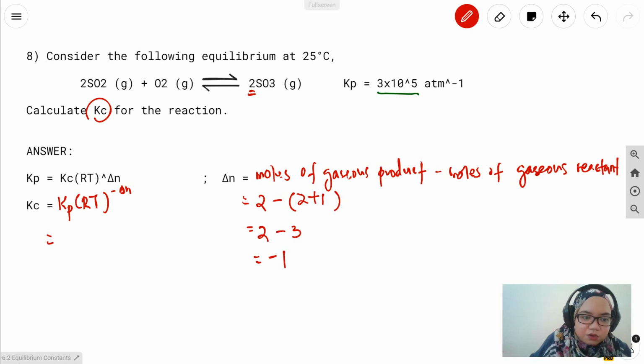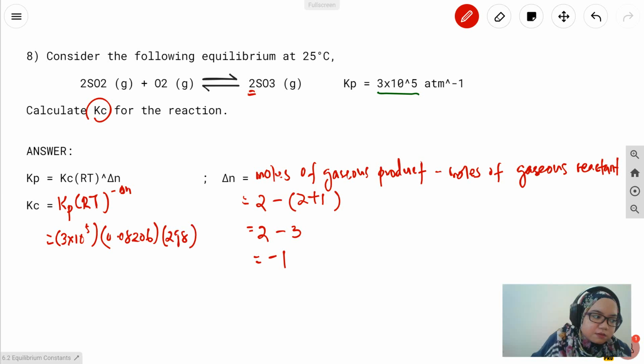So, Kc is equal to Kp from earlier, 3 times 10 to the power of 5, times R, 0.08206, times T, 298, all to the power of negative 1.